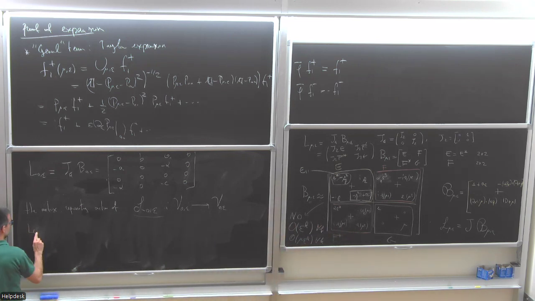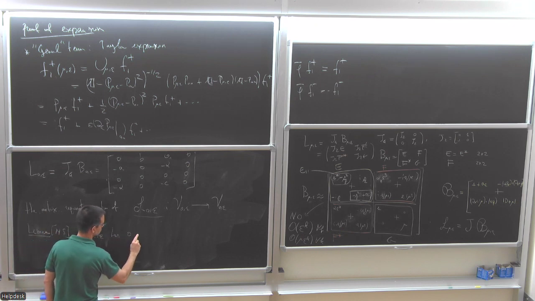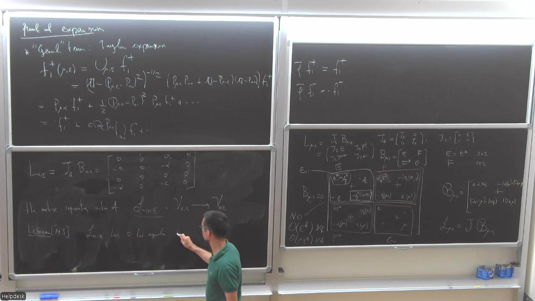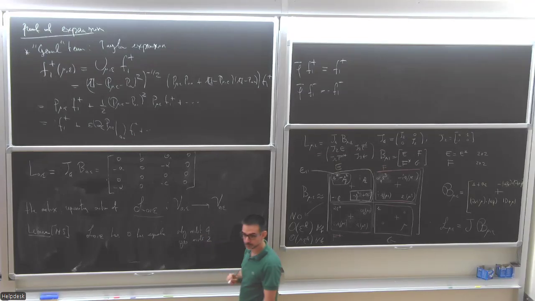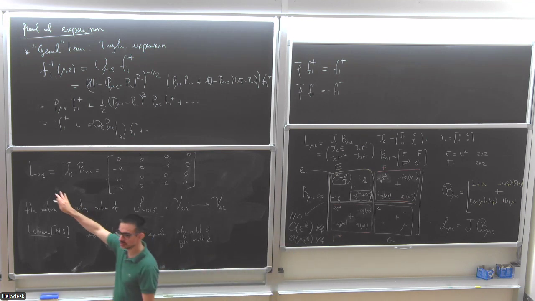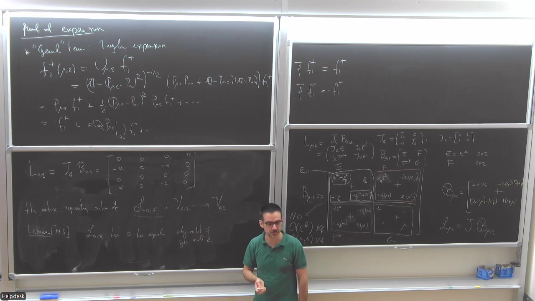And if you remember, there is the lemma by William Strauss that L0 epsilon has 0 as an eigenvalue with algebraic multiplicity 4 and geometric multiplicity 2.